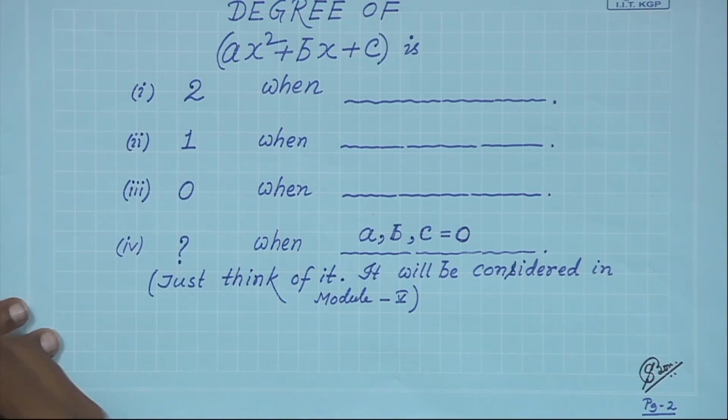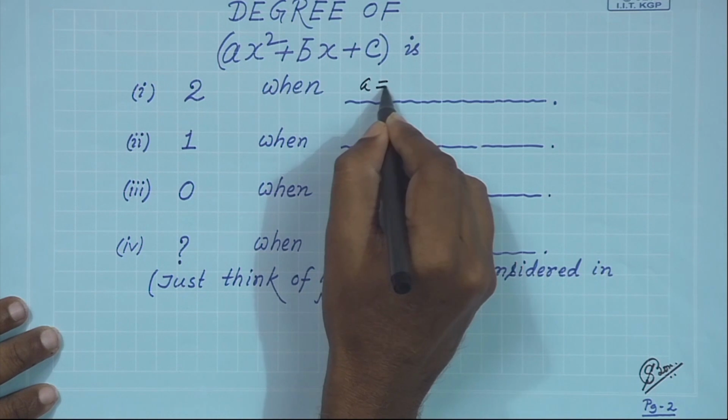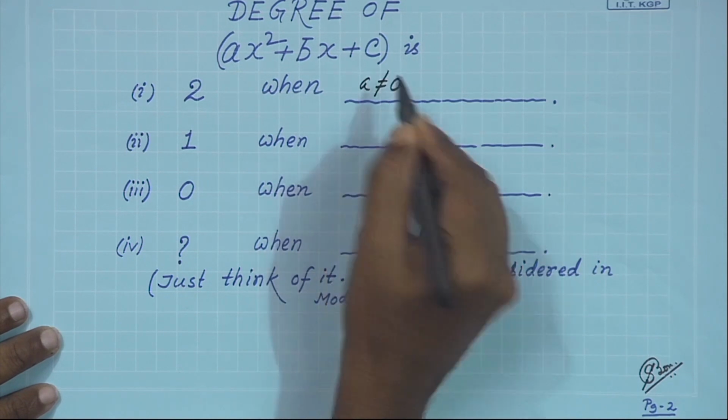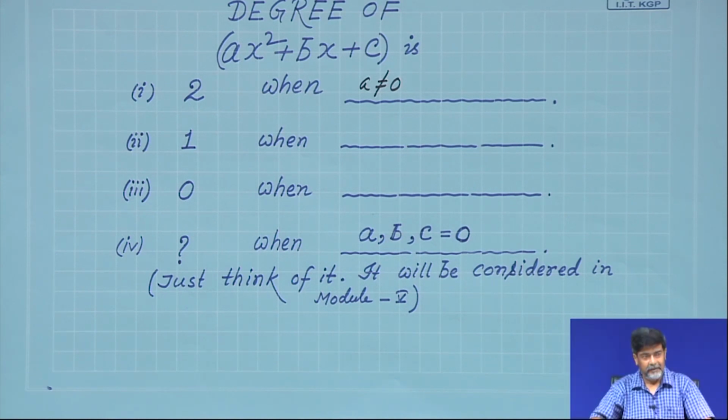For the first case, it will be a not equal to 0. If we make b 0, c 0, then the degree of the polynomial will remain the same, because the maximum of the degrees will be present there, which is 2 here.